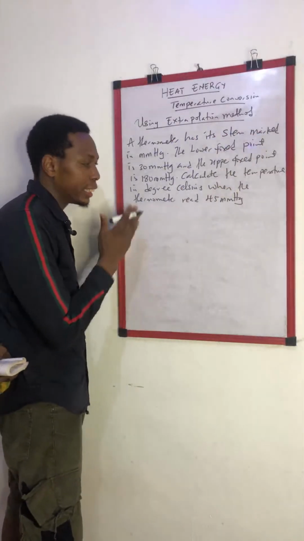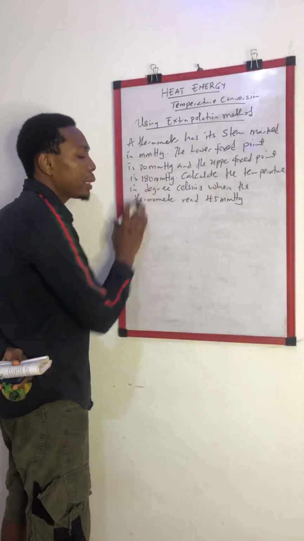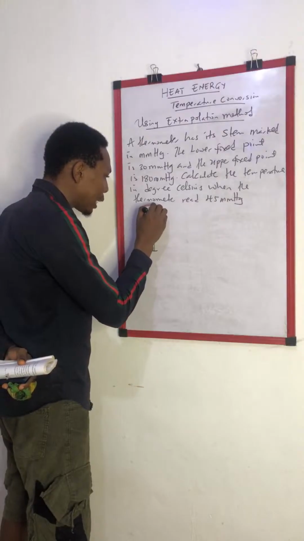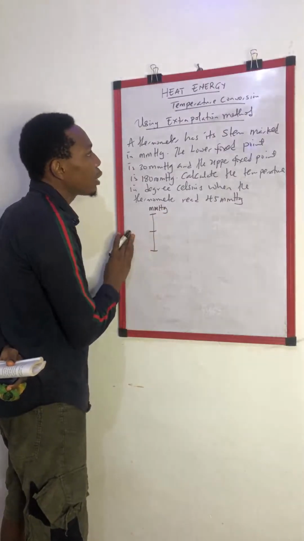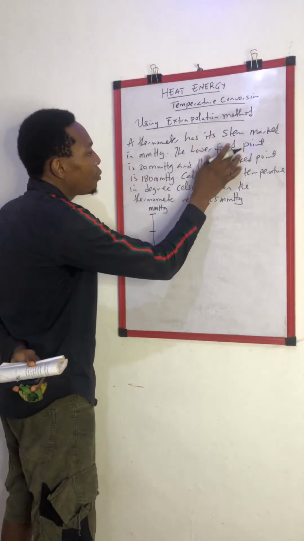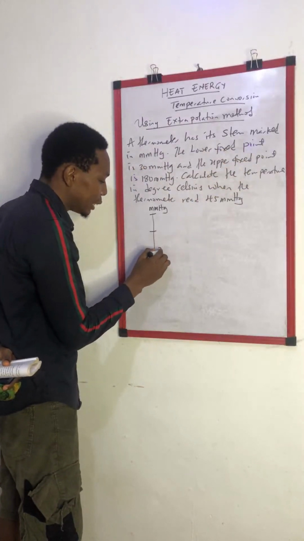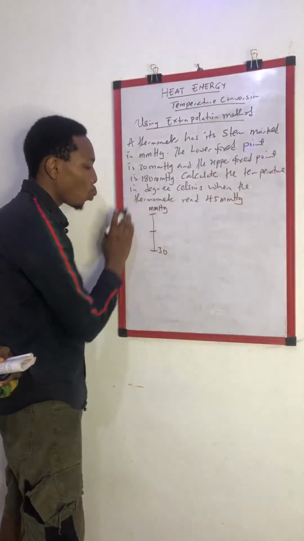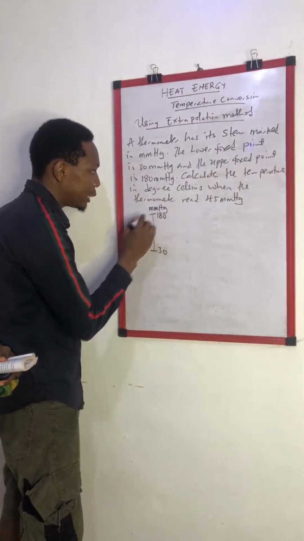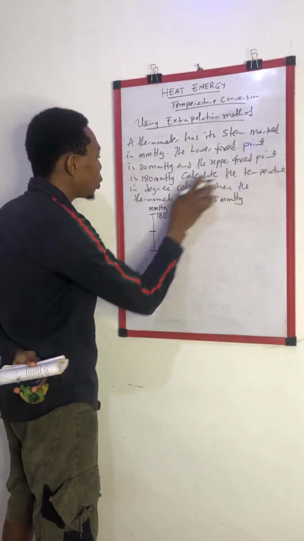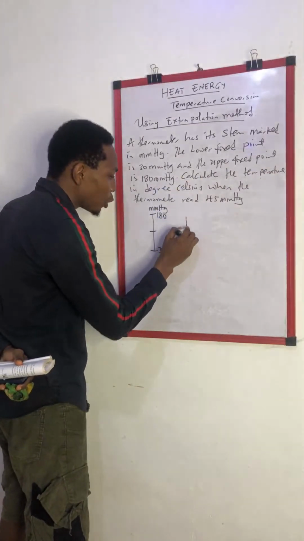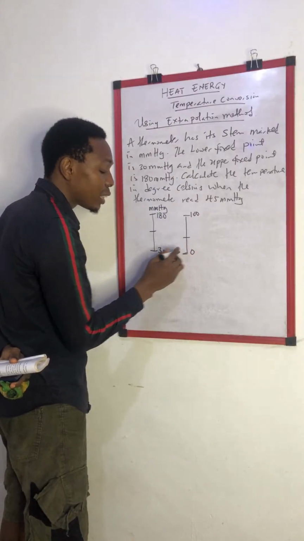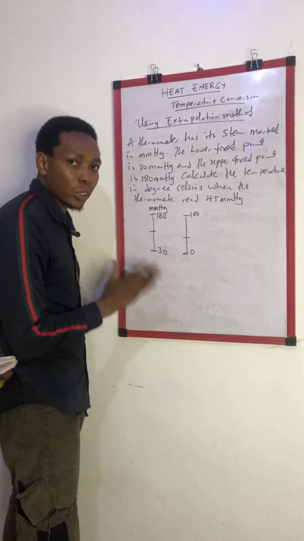That's the thermometer scale, the stem, marked in millimeter mercury. We are told that the lower fixed point is 30, and the upper fixed point is 180. Then calculate the temperature in degrees Celsius. So we have another scale, and in this scale, degrees Celsius, the 100 degrees Celsius and 0, that part is constant.